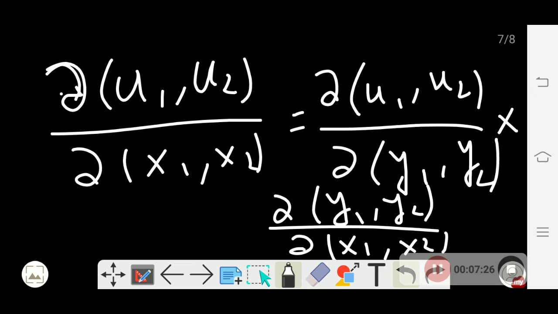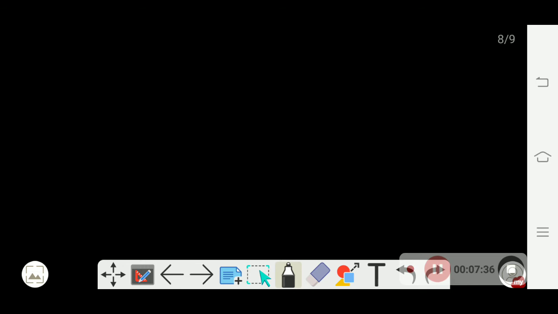Same as the differentiation concept, this and this will get cut. Actually it doesn't happen that way, but you can remember it in this way.